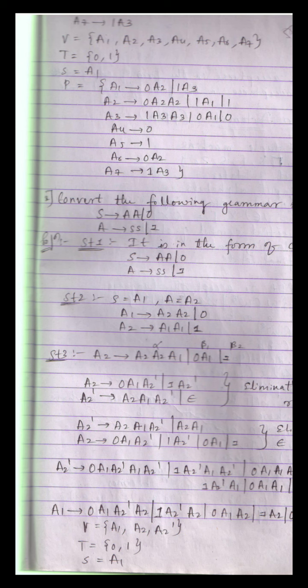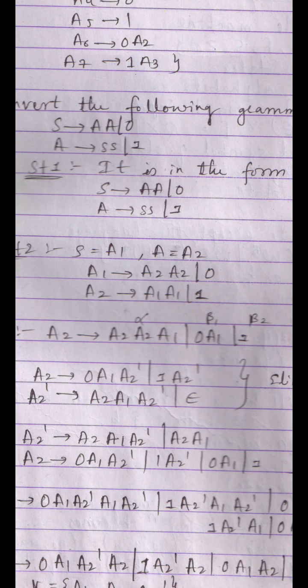When you have this condition, the left-hand side variable index should be lesser than that of the right-hand side first variable. So when I substitute A1 with its value, A2 A2 or 0, A2 becomes A2 A2 A1 or 0 A1 or 1. But here the left-hand side variable is A2 and the right-hand side also begins with A2, so it encounters left recursion.